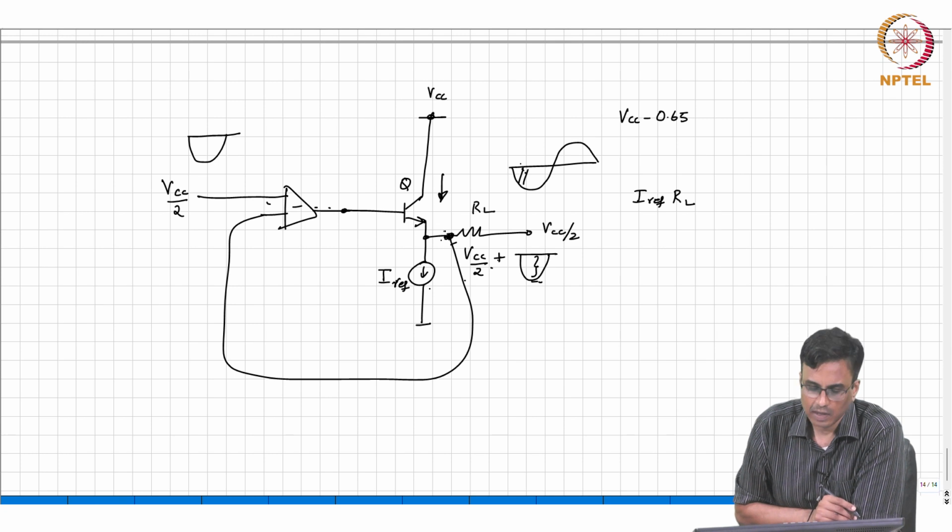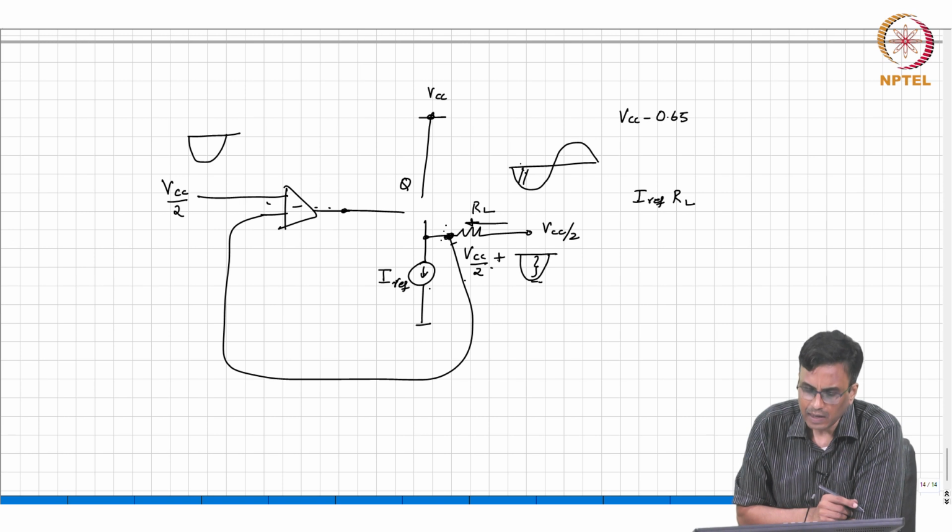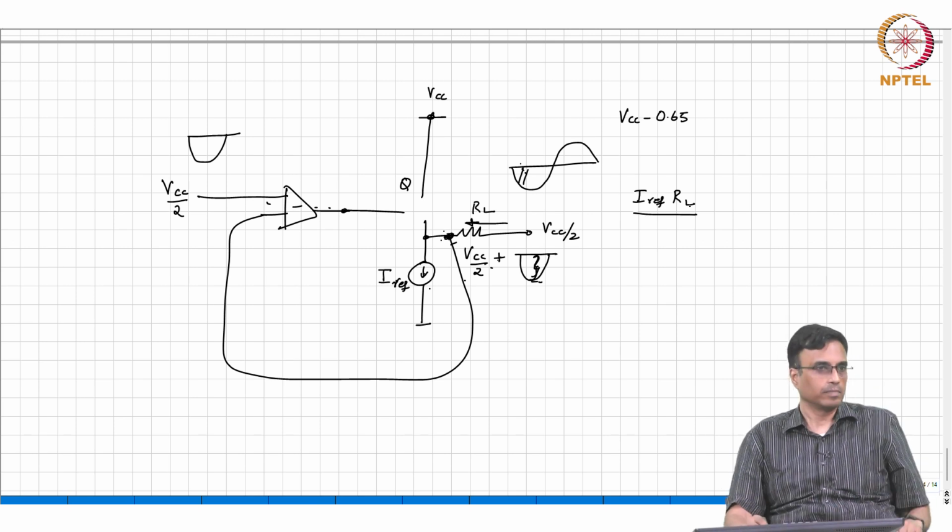cutoff region. So, the transistor is just cut off, the current flowing through the transistor is 0. So, therefore, all this IREF must be flowing through RL. So, therefore, the voltage across RL is going to be IREF times RL. Okay.